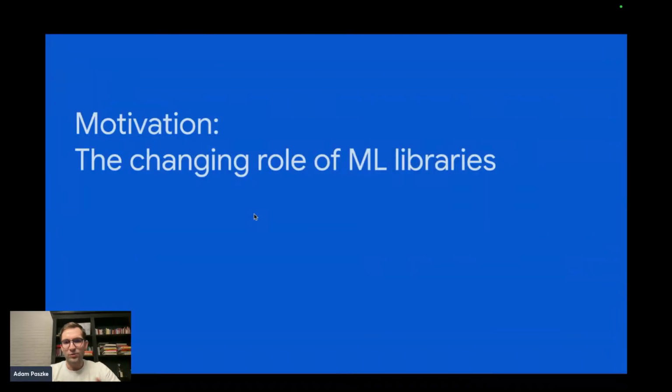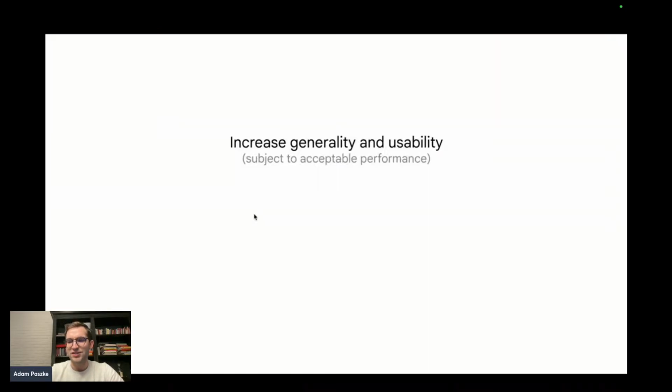Anyway, why are we even talking about this at all? The motivation for me here is that there's been a bit of a change in the role of the ML libraries and languages that we're designing. Back in the days when we were starting out with PyTorch, one of the primary goals was to increase the generality and usability of ML, or just numerical programming, subject to acceptable performance, of course.